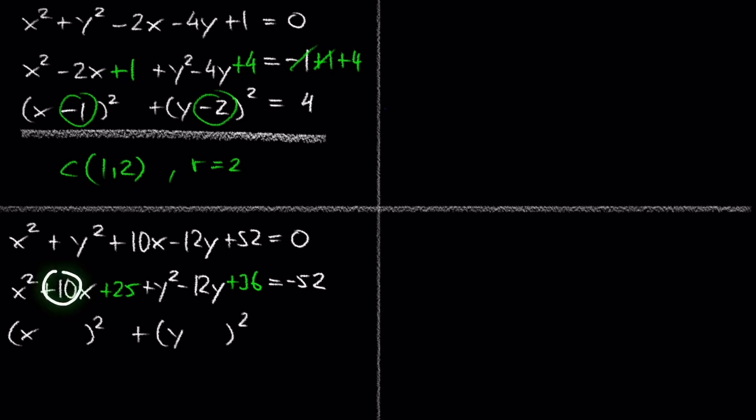The half of 10 is 5, and the half of -12 is -6. Oh, don't forget to add the 25 and the 36 also on the right hand side. 25 plus 36 is 61, and 61 minus 52 is 9.